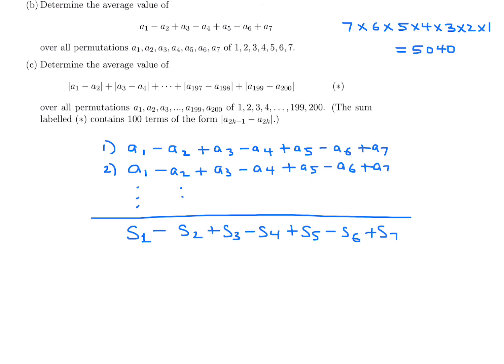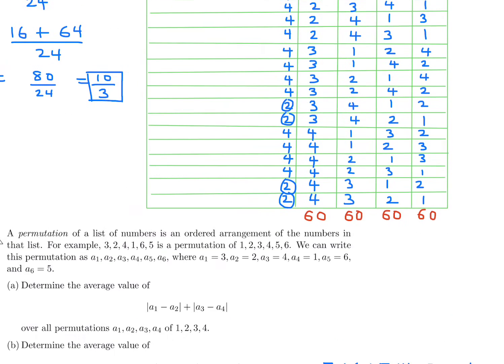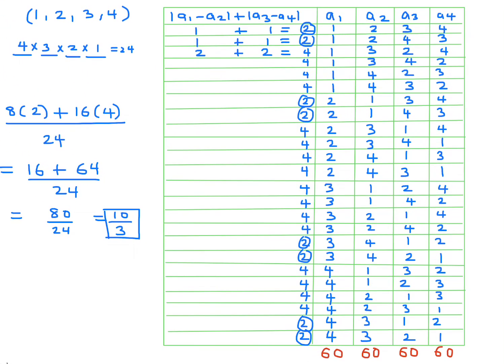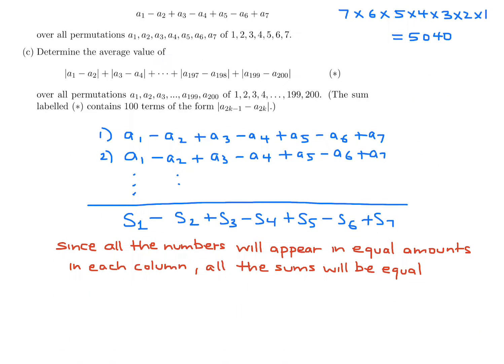Okay. So since all numbers will appear in equal amounts in each column, all the sums will be equal. And that is directly illustrated by this example right here. You notice how the sums at the bottom were all 60. Same story here.